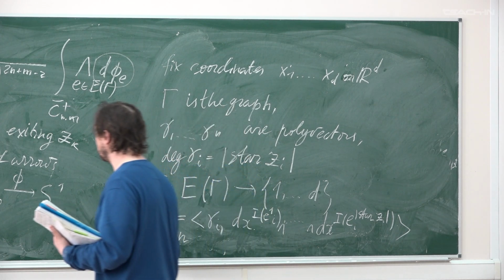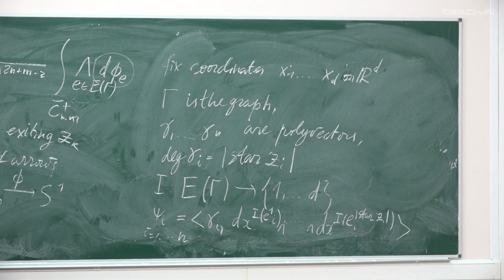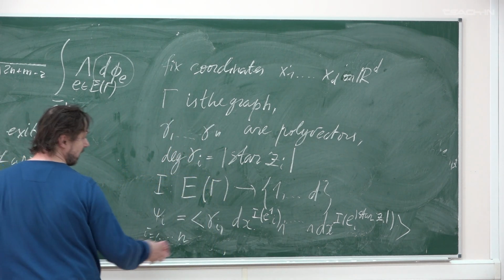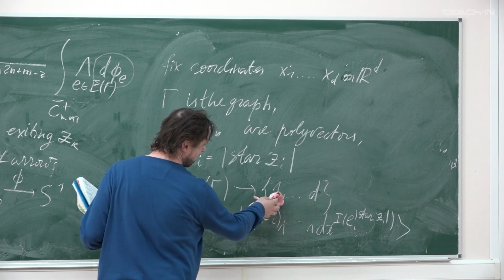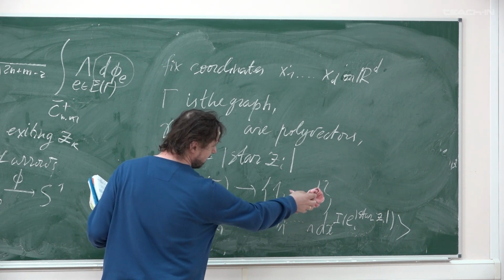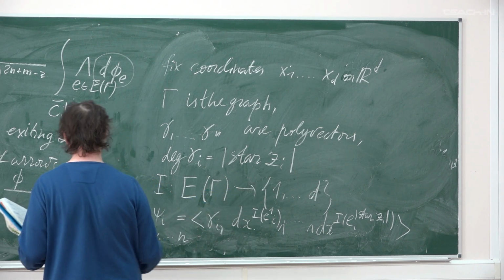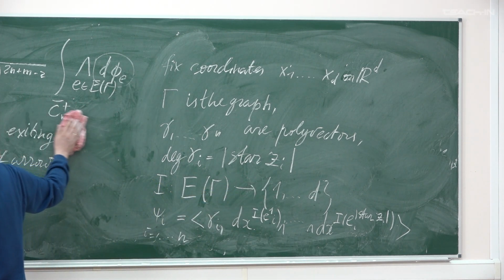This is just the coefficient of this polyvector corresponding to these coordinates. Very complicated, as you see.